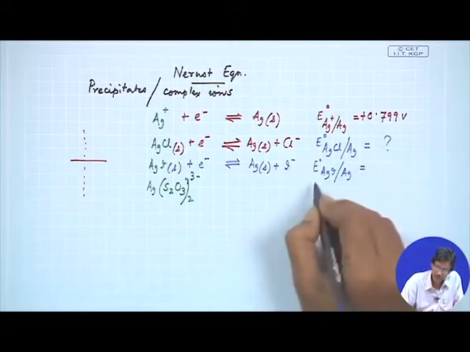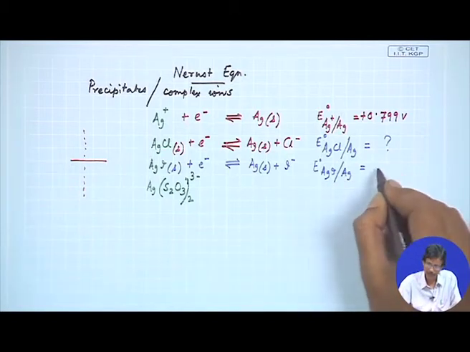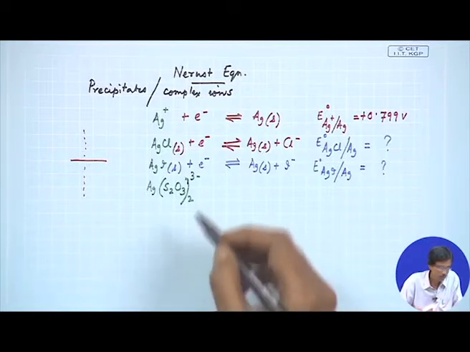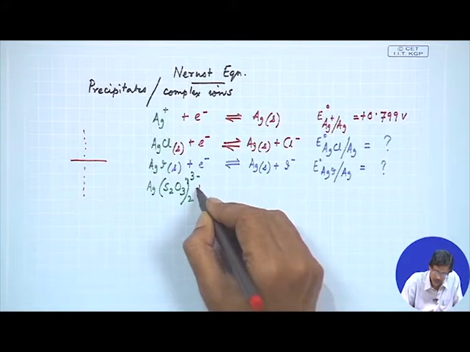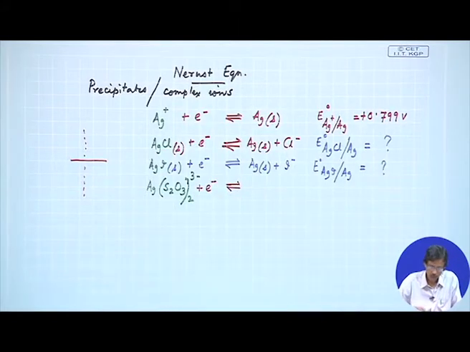That means you have the saturated solution of this and the wire giving rise to the corresponding half cell, but this also we should know for calculating it out.